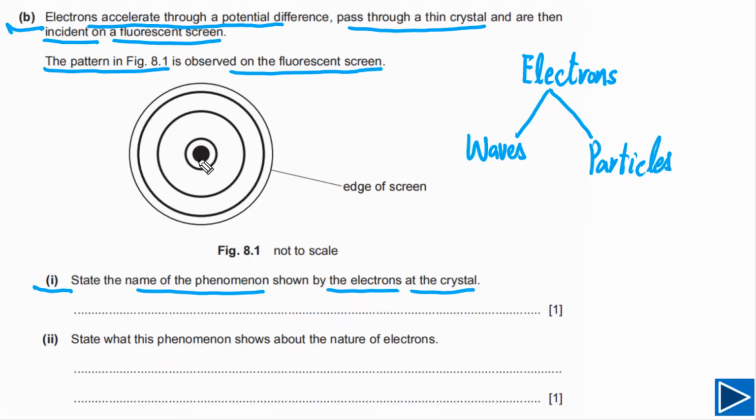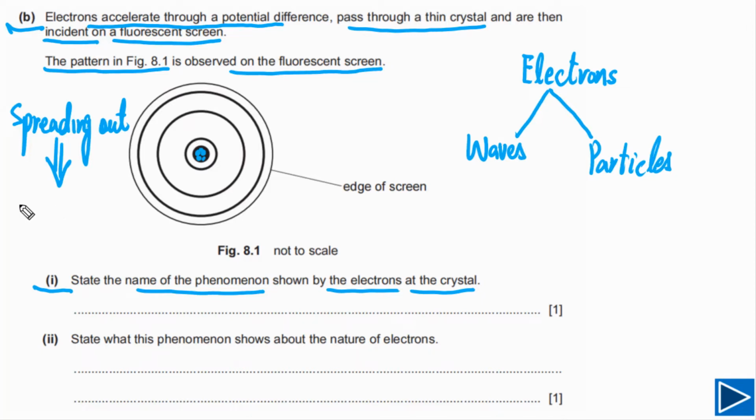If you get this pattern, in this case electrons are not behaving as particles because electrons spread out. As electrons spread out, this is telling us electrons are behaving in this case as waves, because particles do not spread out. If an electron was behaving as a particle, we should see electrons only here, but in this case we see electrons spread out.